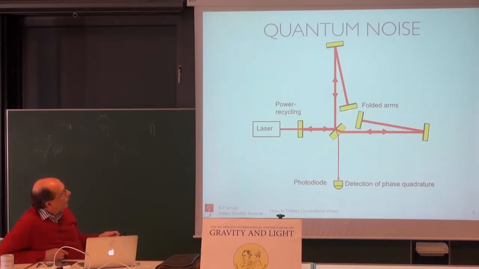So GEO has just one reflection, and it doesn't have the interior mirrors and so on. So it's a folded arm. And all the light goes through the beam splitter, and all the power is on a power recycling mirror. And there is actually a signal recycling mirror not shown in this diagram because it's not relevant to what I'm talking about. But basically, this is a closed system, except it's open to the rest of the world only here.